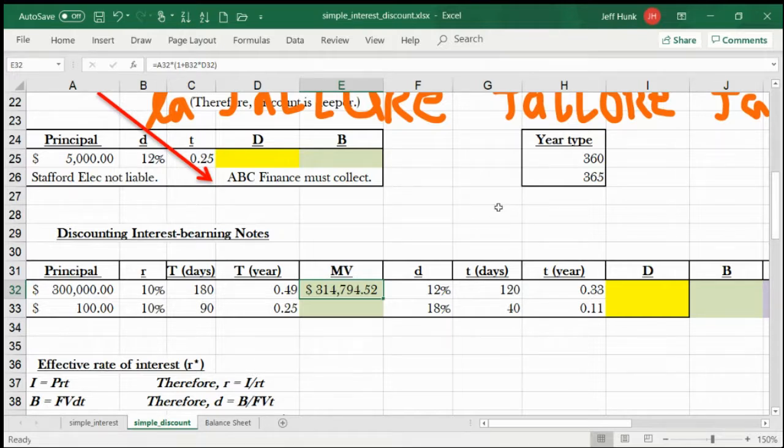They ran into a cash flow shortage, so they ran to the bank or a factor, and then they factored it, right? They factored this promissory note, and the discount rate the factor used was 12%.